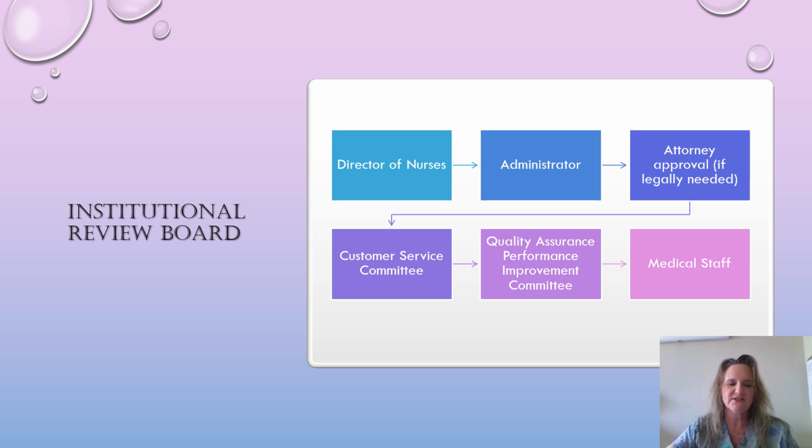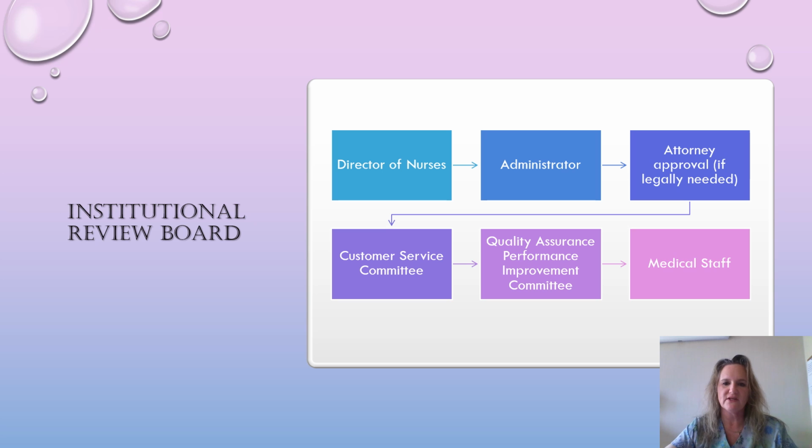So we had an institutional review board. It's different than it would be in a hospital. The first step would be to go to my director of nurses, who is my department head. Then I would go to her supervisor, which is the administrator. If she felt that we needed some legal advice, she would go to the attorney if need be. As soon as the attorney approved it, it would go to the customer service committee and we would discuss it as a committee, which we did.